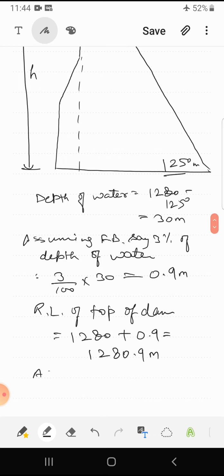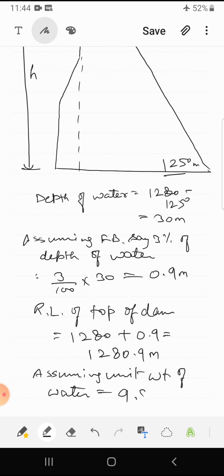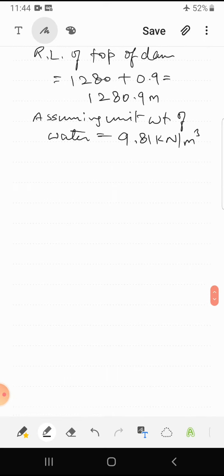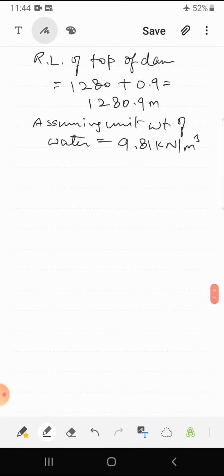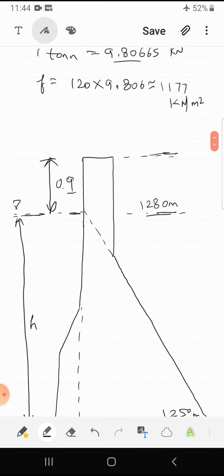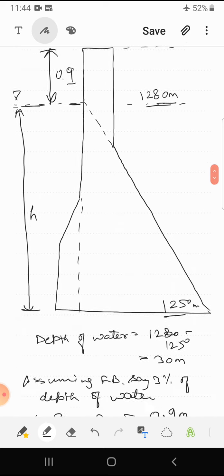Now assuming unit weight of water equals 9.81 kilonewton per meter cube. The RL of top of dam is 1280.9 meters.